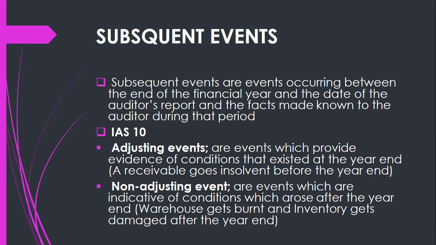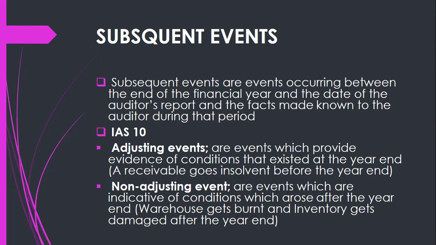There's adjusting events as well as non-adjusting events. So one, adjusting events are events which provide evidence of conditions that existed at the year end. The non-adjusting events are events which are indicative of conditions which arose after the year end.